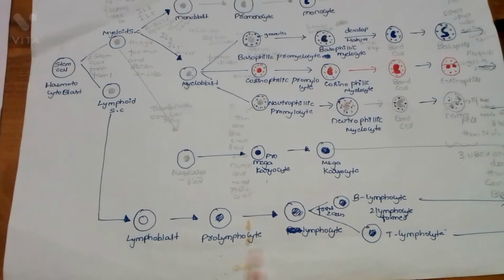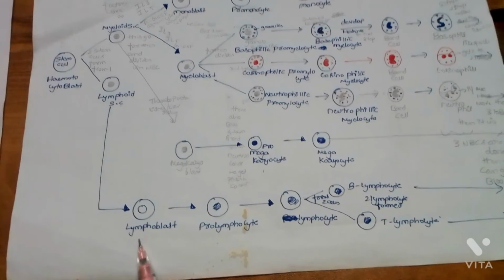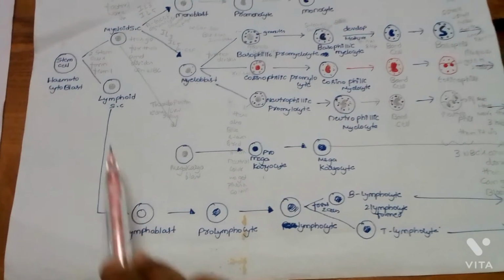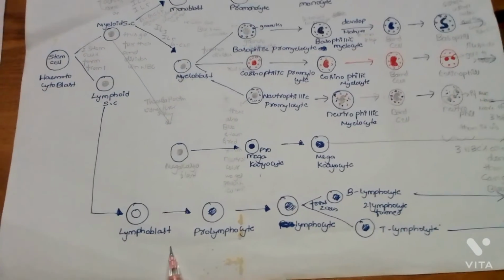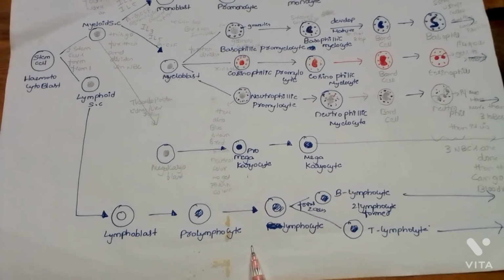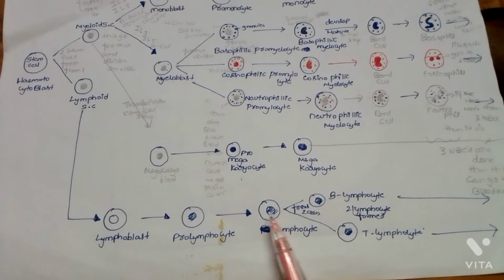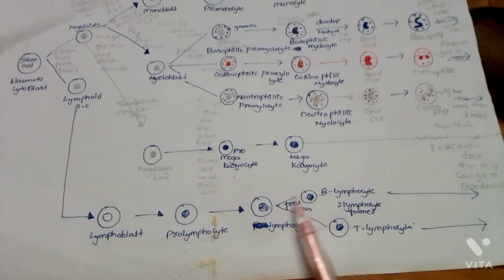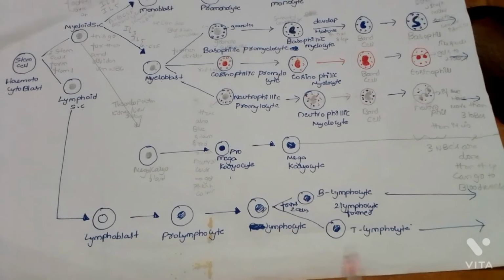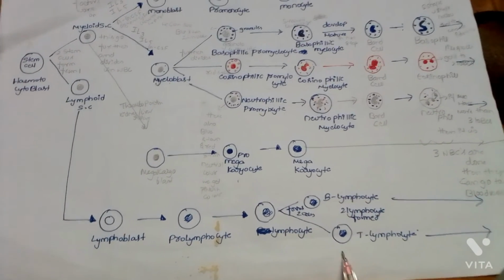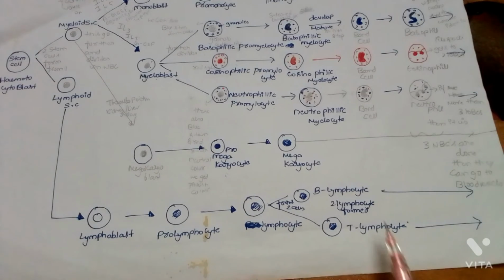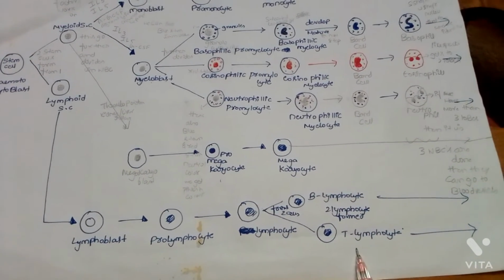From lymphoid stem cell, lymphoblast will come, then prolymphocyte, and then lymphocyte. Here the lymphocyte is there. It further divides into two cells, B lymphocyte and T lymphocyte. These two lymphocytes are formed.